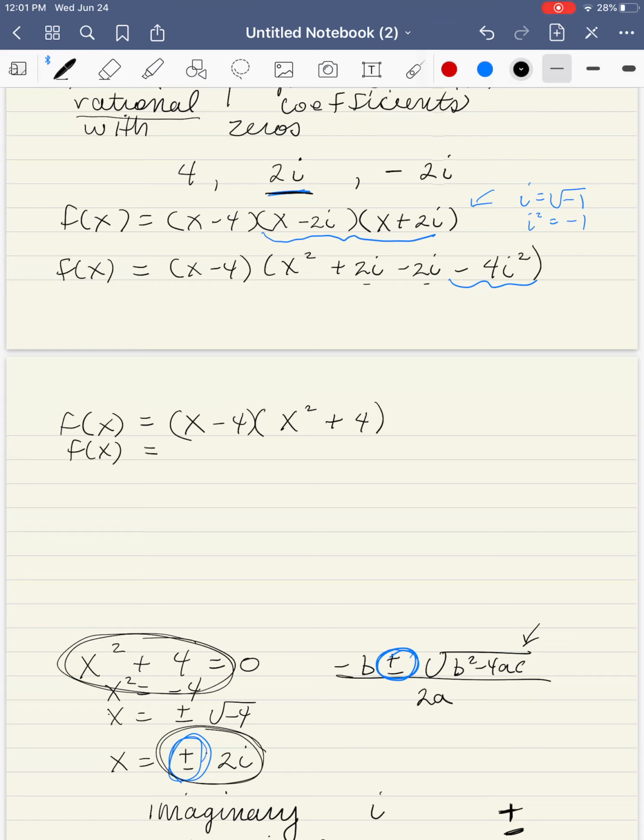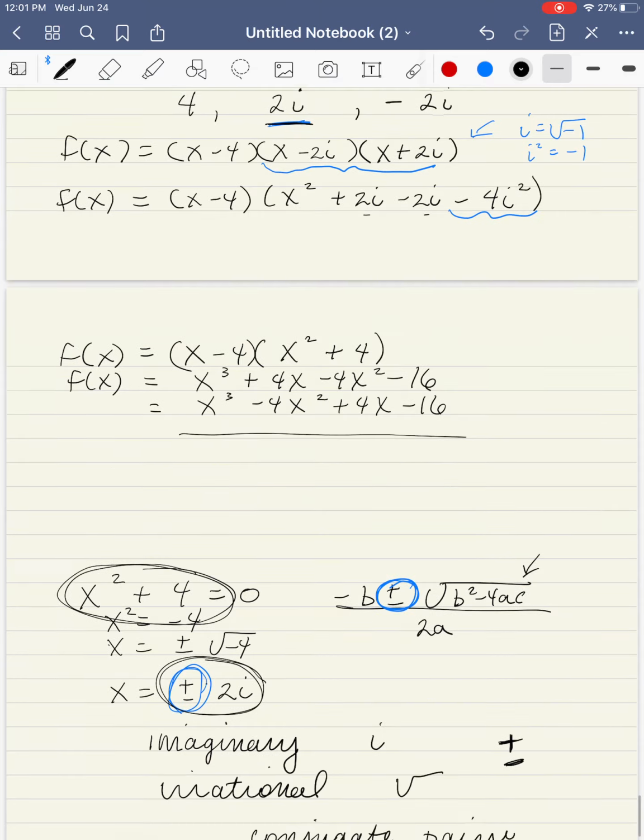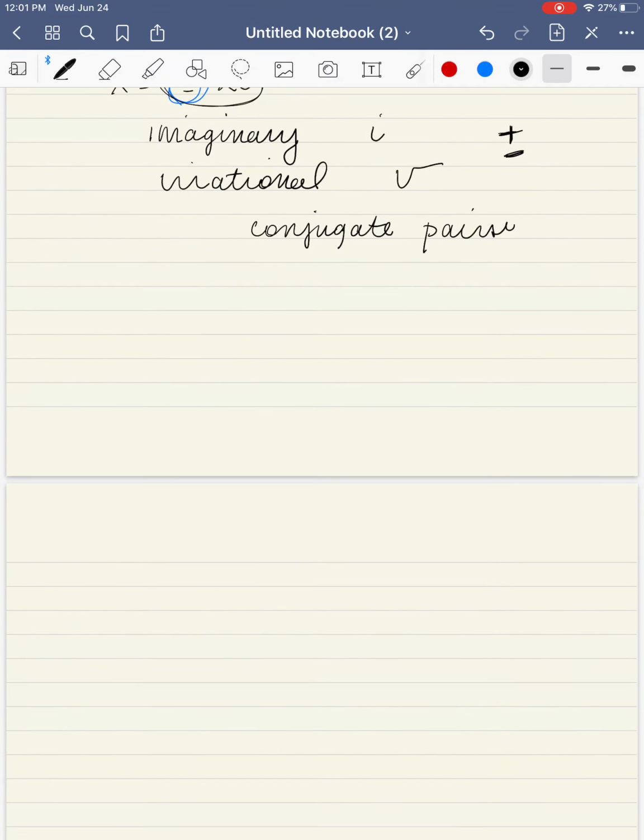So it makes perfect sense that if I FOIL it back, I'm going to get x squared plus 4. And then now I can use the distributive property and multiply x times each term, negative 4 times each term, and get back in standard form. And I have my polynomial.